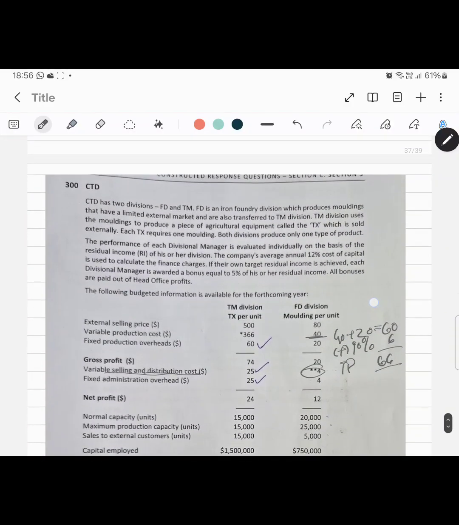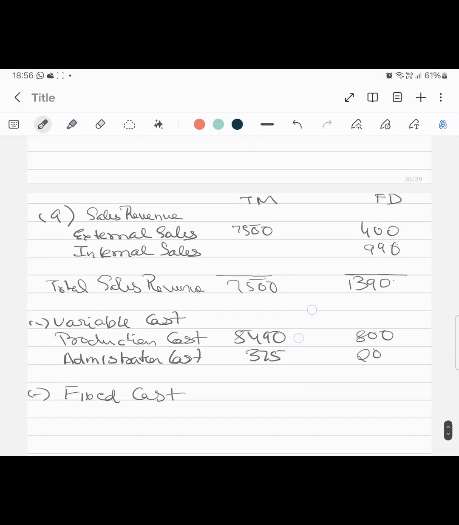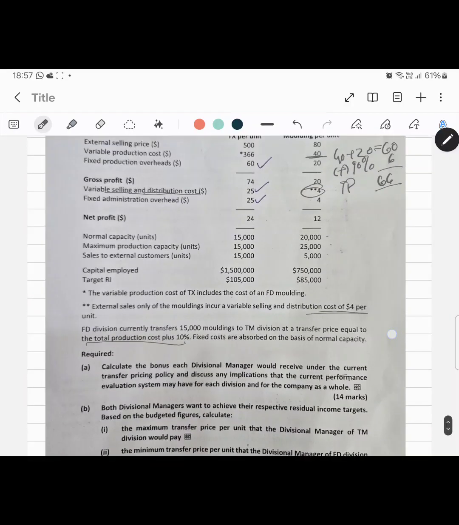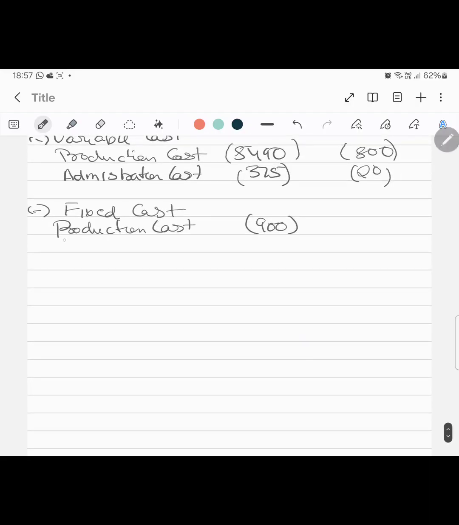Fixed cost related to production is 60 into 15,000, it's 900. Production cost is 900, and for administration also it will be, I guess, 25 into 15,000, that is 375 for administration.